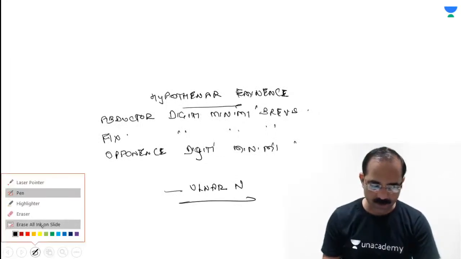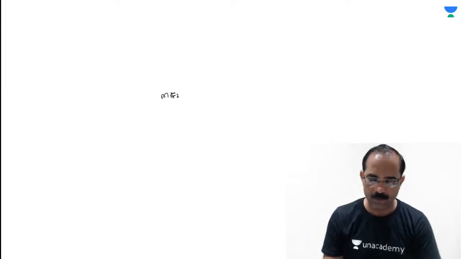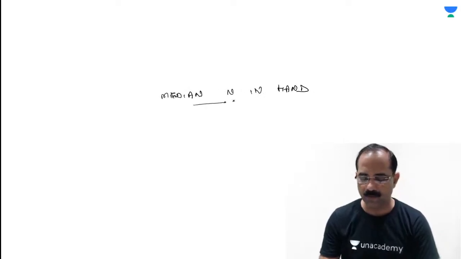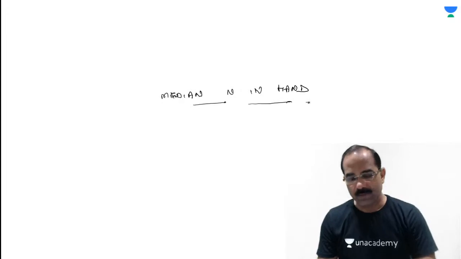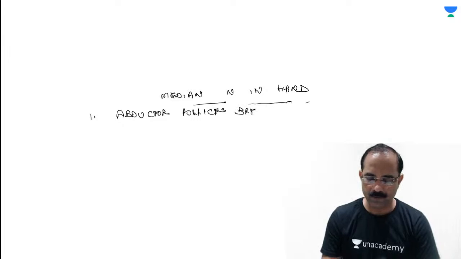Muscles supplied by median nerve in the hand. There are plenty of MCQs on this, so understand this. What are the muscles supplied by median nerve in the hand? 1. Abductor pollicis brevis. Flexor pollicis brevis.